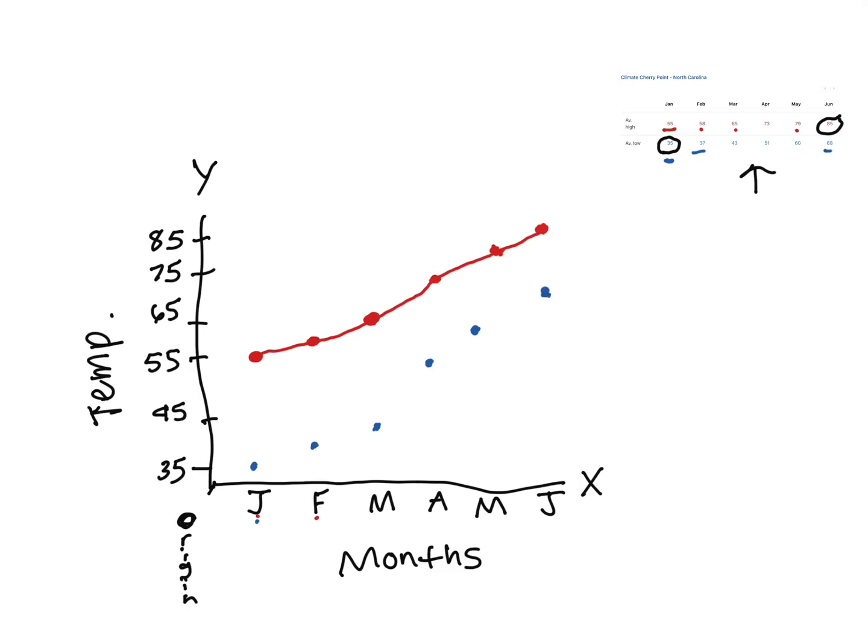And again, I need to connect my dots so I have my line for my line graph. And you can see there's a pretty big jump between March and April. So that must be when our temperatures start warming on up. And that makes sense because we know spring starts around that time. All right, this is how we create a line graph based on data.